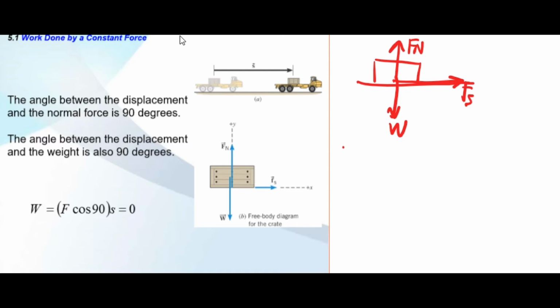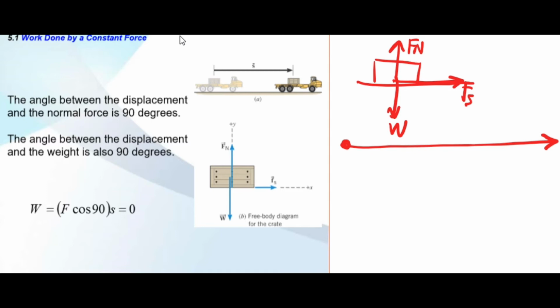Now the angle between the displacement and the normal force is 90 degrees. The motion is going in this direction, that is why the displacement is also horizontal. Then the normal force is 90 degrees relative to the motion. The angle between the displacement and the weight is also 90 degrees. The weight is going downward, so it's also 90 degrees.